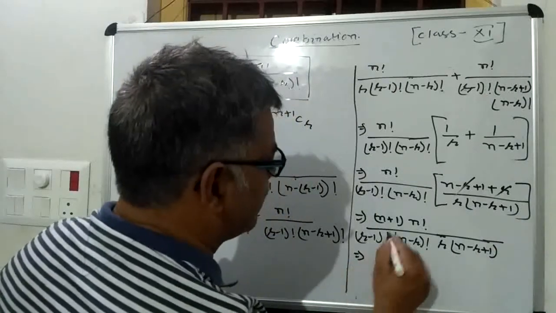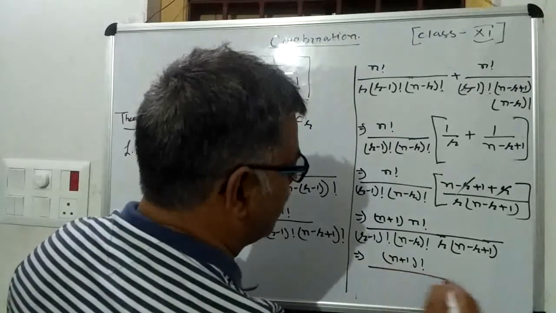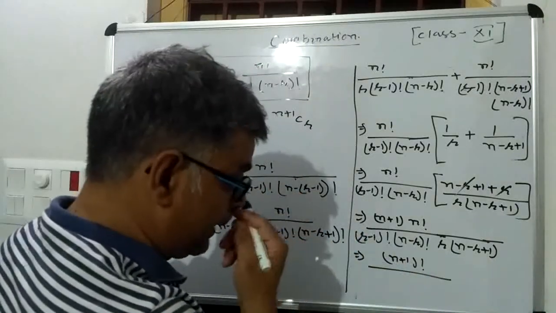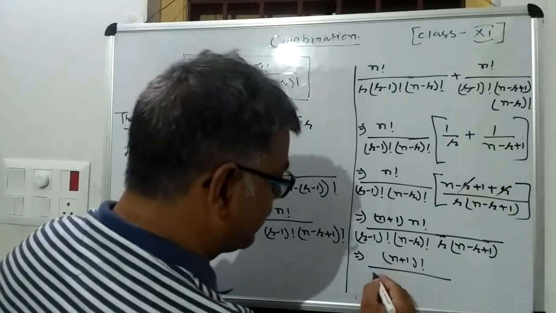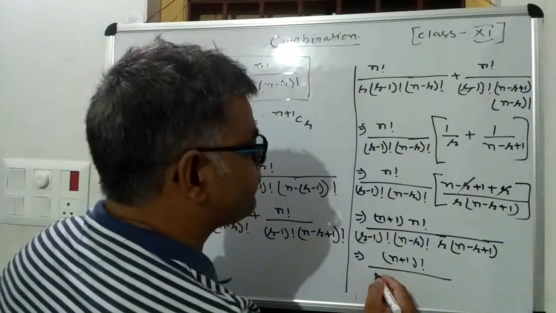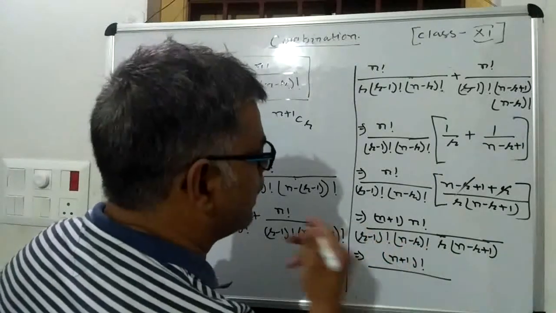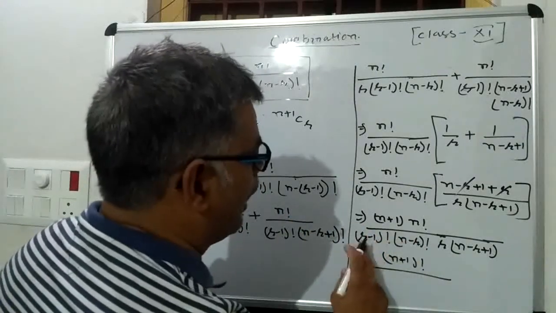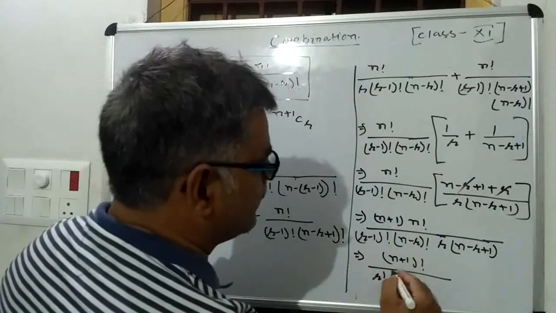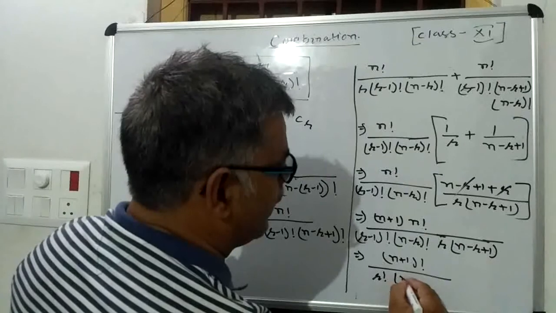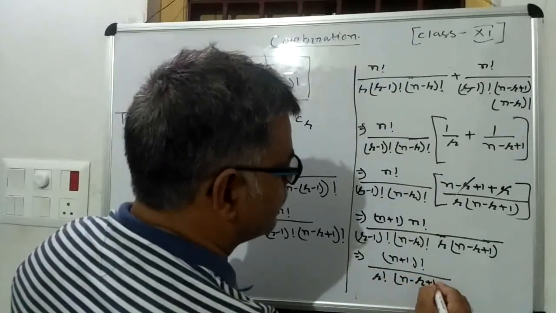So now it can also be written as n plus 1 factorial by factorial r into factorial n minus r plus 1.